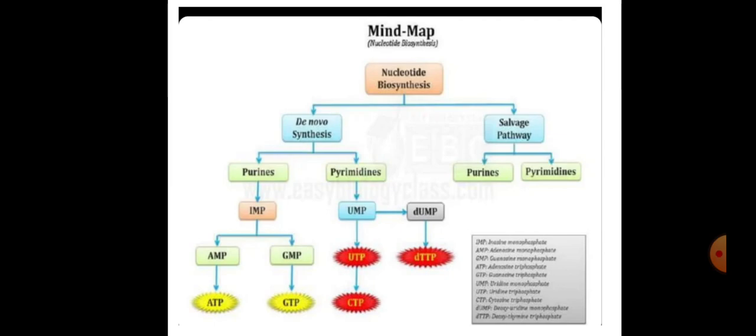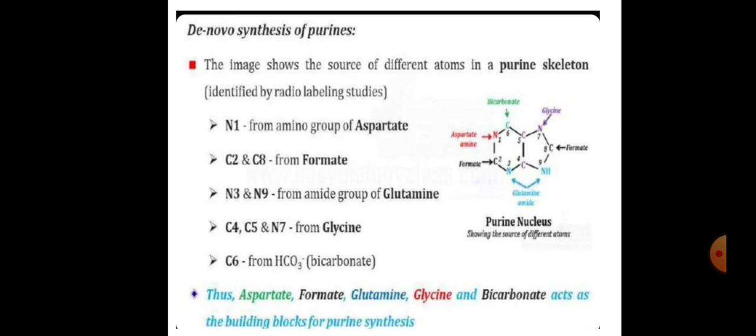In de novo synthesis, purine synthesis mainly requires the formation of IMP, and pyrimidine synthesis is by UMP and dUMP. Those steps I will explain in the next slides. In the salvage pathway also, both purines and pyrimidines are produced. Let us first discuss the de novo synthesis of purine.